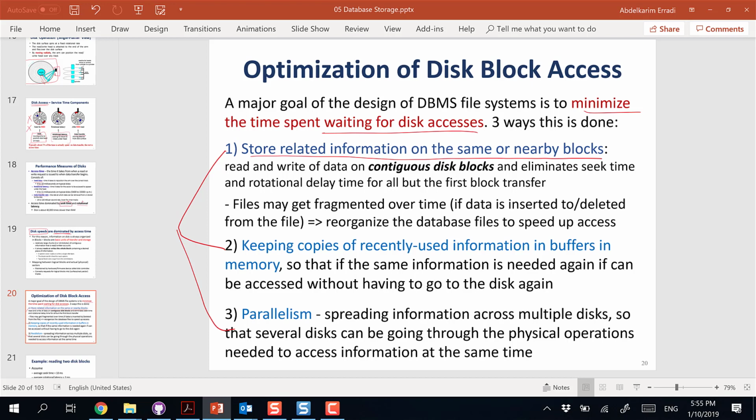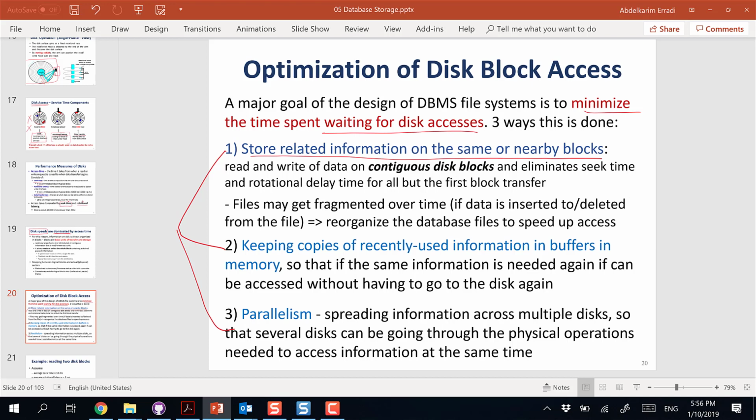This will become clearer as we move forward. You will see when we start inserting into some database blocks, sometimes we need to split the block, and one block will be here and the other block will be far away. We cannot reorganize online because that will slow down our database, so we do this reorganizing offline.